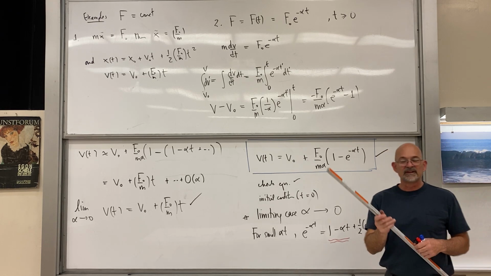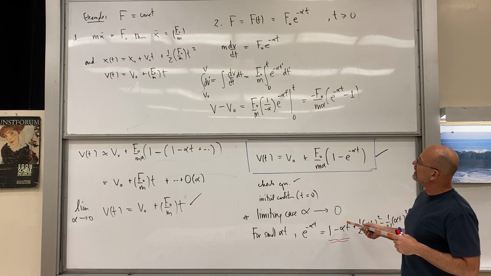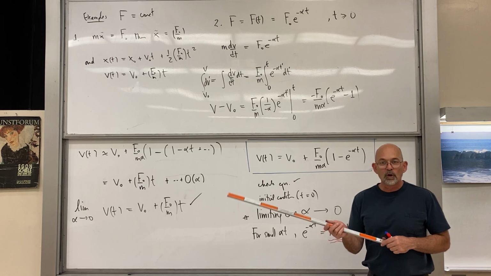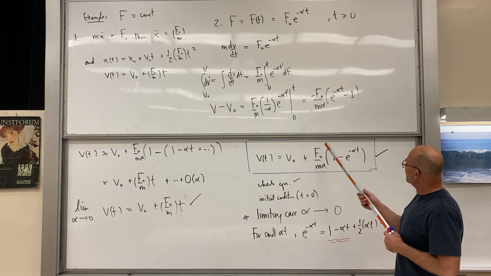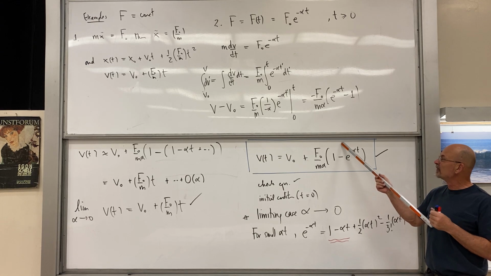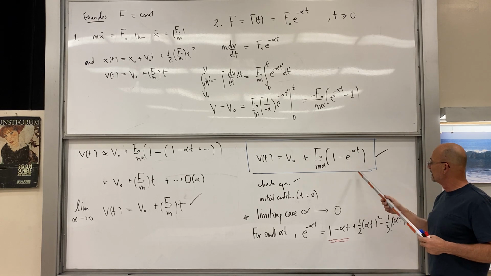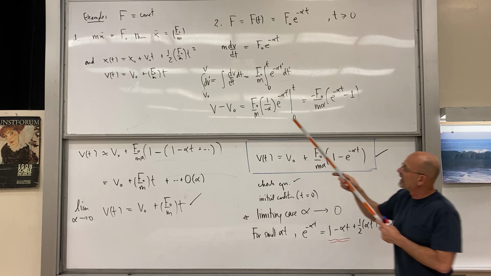I'm going to leave a task for you guys. Now everything's up here that we're going to need to do this next, and I'll put this as a homework assignment. Namely, take this result, carefully integrate it one more time, and then first of all get the answer, and second thing is to test the limiting case.